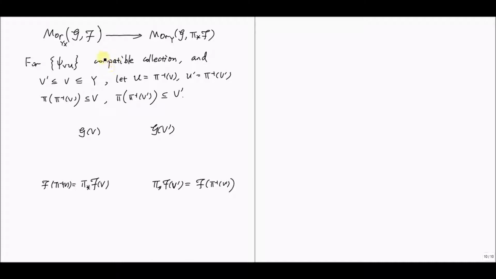Now by the definition of the compatibility, we have maps psi sub V pi inverse V and psi sub V prime pi inverse of V prime, and it commutes with the restriction maps.